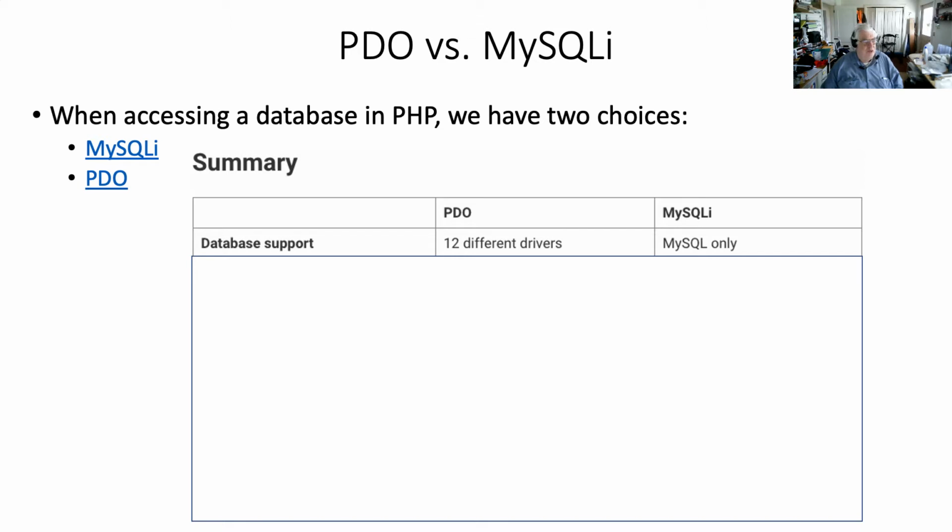Now, I have used PDO in other places, and being able to go across 12 different databases really sounds neat. But in the real world, each database is unique enough with its SQL calls that you really can't transport code very well, and you're going to find out that you pretty much pick a database and then stay on it.